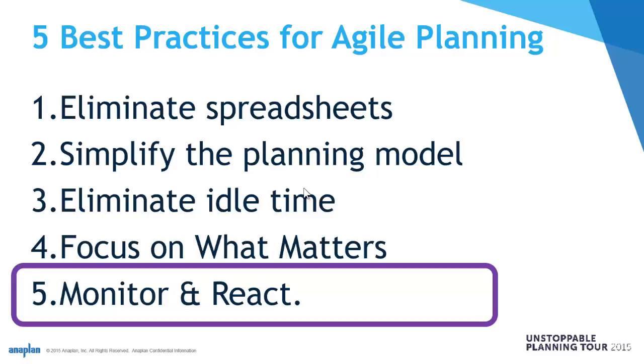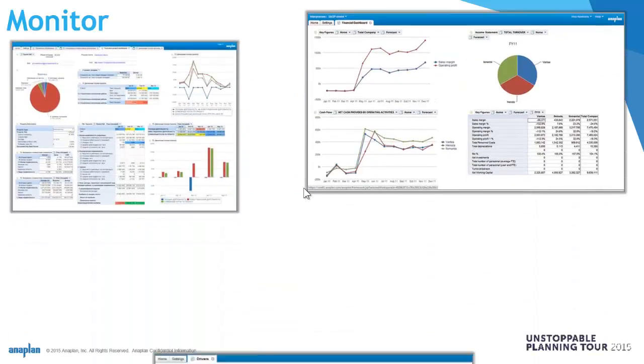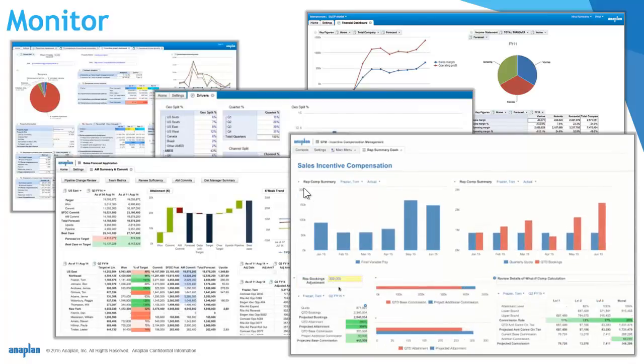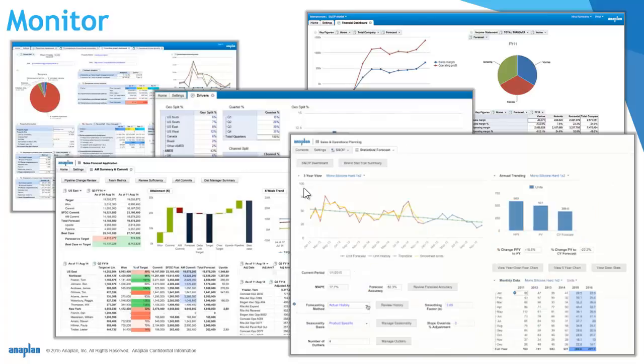Then the final is about how we monitor and improve our agility by reacting better. Anaplan gives you the opportunity of monitoring all the standard variances and looking at them by the different dimensions of channel, customer, product, time, all that kind of thing, and doing that same old analysis.